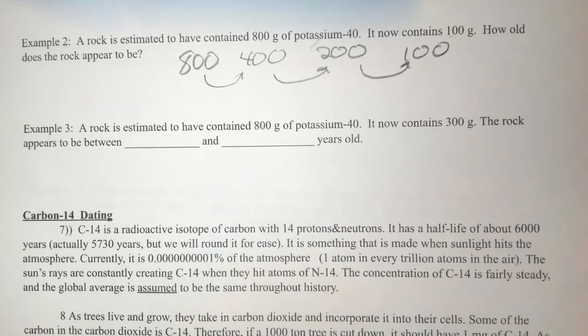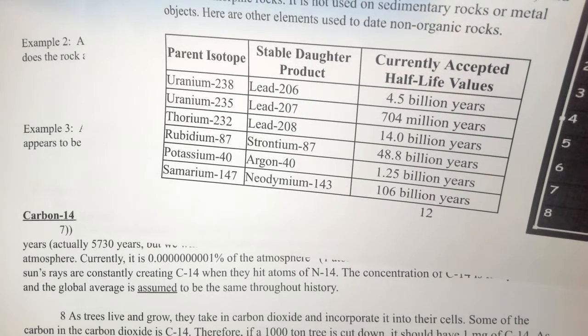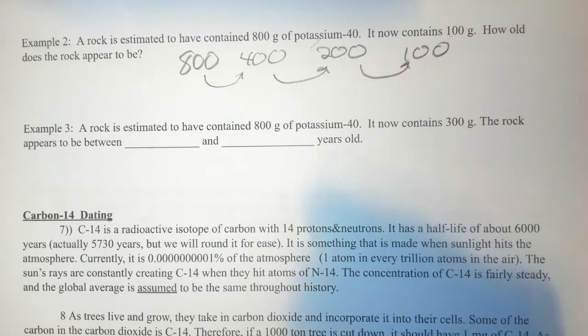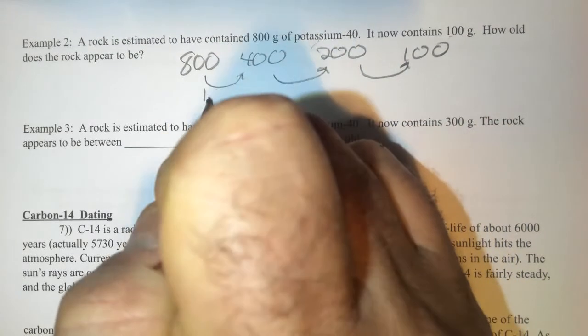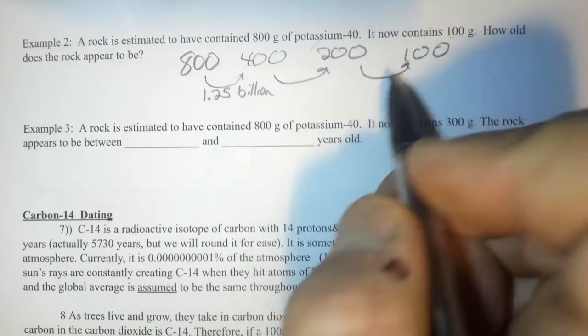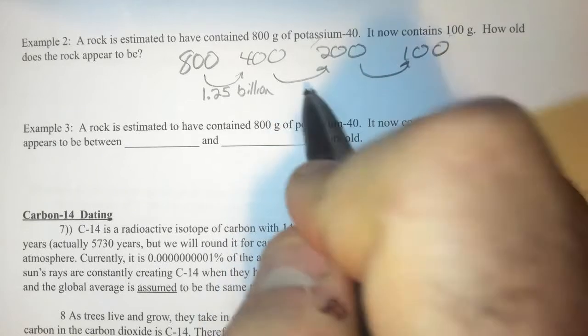If we look at our chart here, it says that potassium, towards the bottom, takes 1.25 billion years to cut in half. And so we write that down, 1.25 billion. And this next swoop, it gets cut in half in the same amount of time.